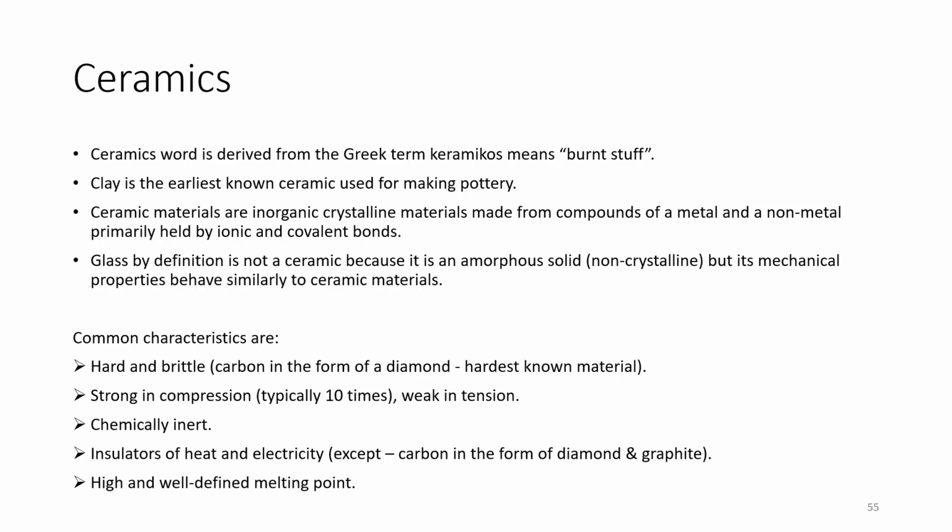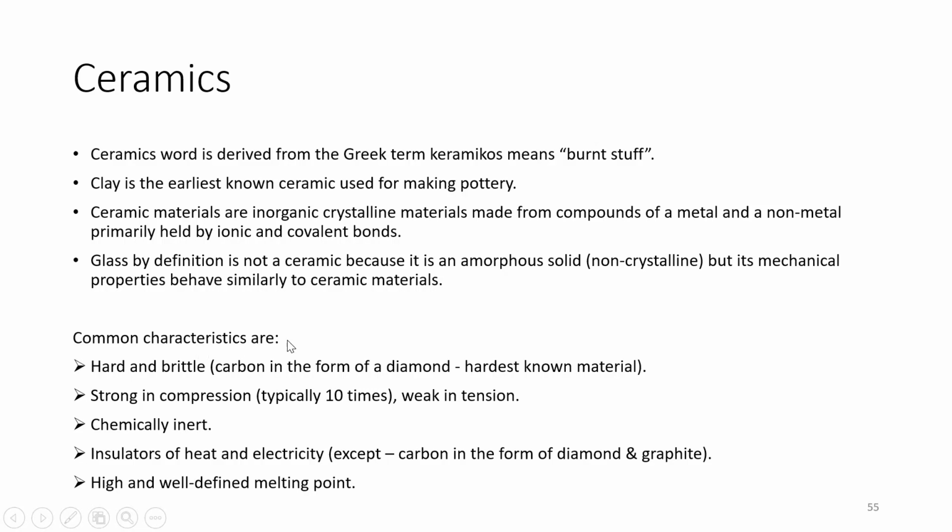Ceramic materials are inorganic crystalline materials made from compounds of a metal and a non-metal, primarily held by ionic and covalent bonds. And glass by definition is now a ceramic because it is an amorphous solid, but its mechanical properties behave similarly to ceramic materials.